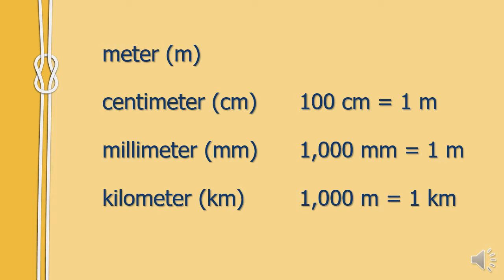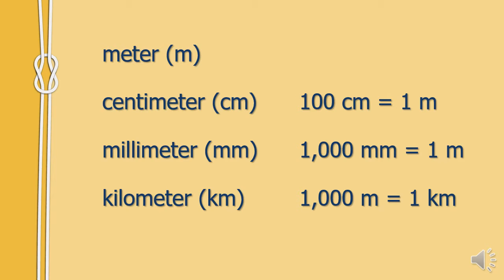In the metric system, we have four different units that we use to measure distance. The basic unit of measurement is the meter. All of the other measurements for distance are compared to the meter. For example, the centimeter. Cent means 100.